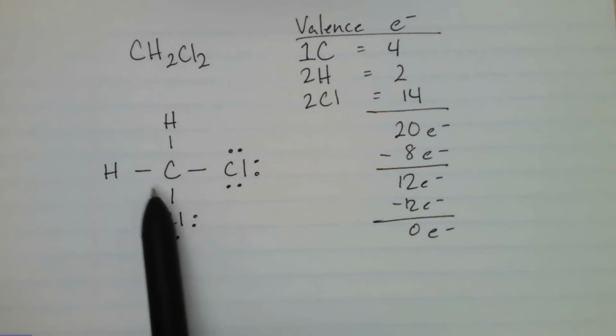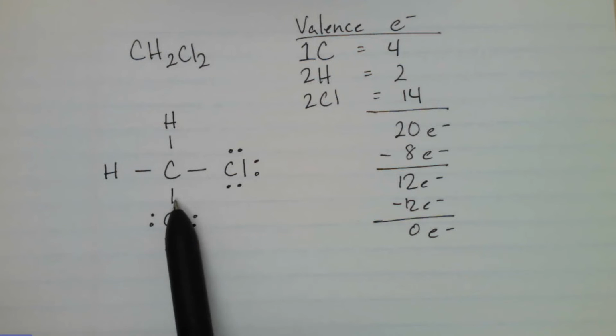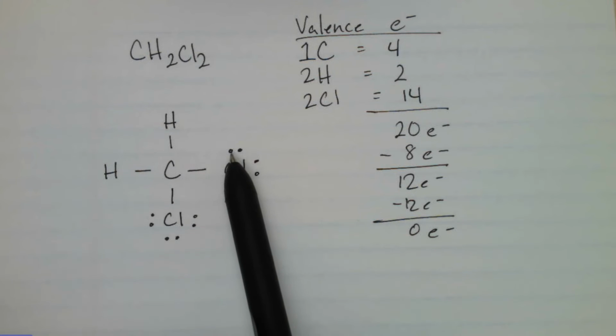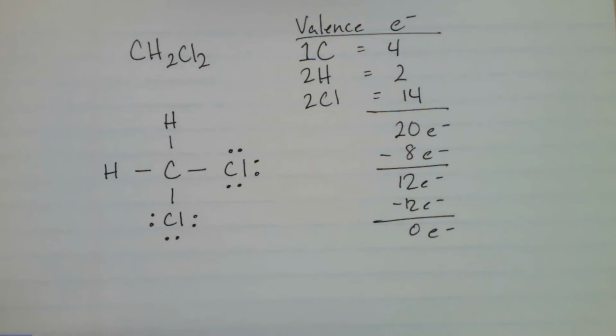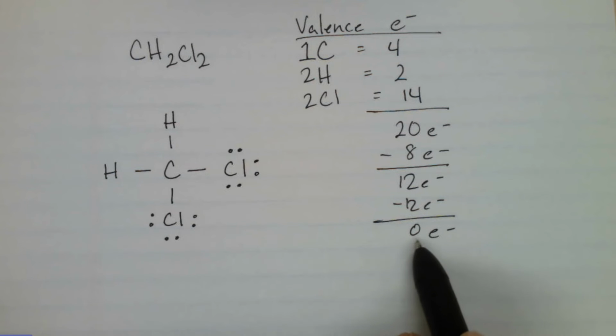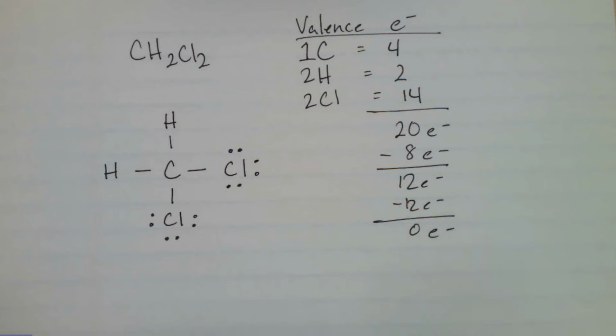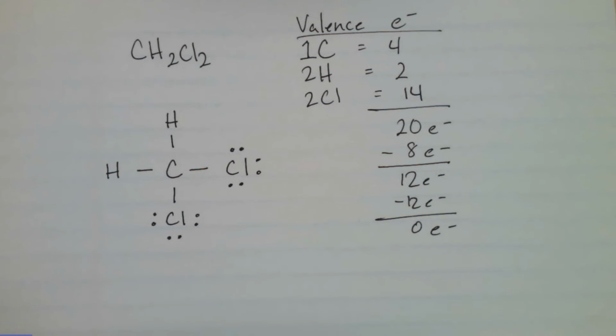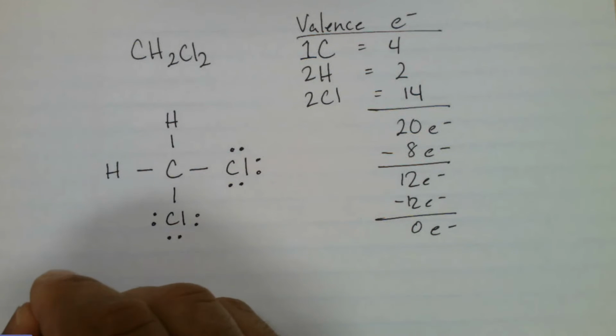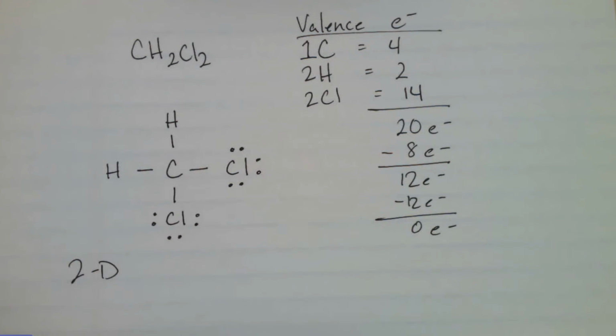And so here we have 4 bonding pairs of electrons, and we have 6 non-bonding pairs of electrons, or lone pairs. And so this is what we want to see, 0 valence electrons left over. And so this is what a Lewis structure is. In 2 dimensions, it tells us the connections of the atoms and the placement of electrons.